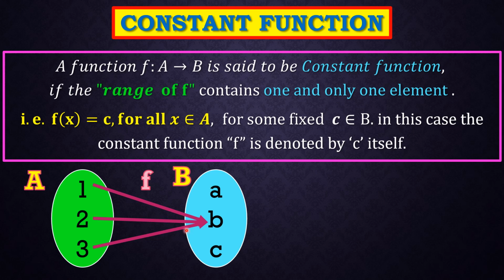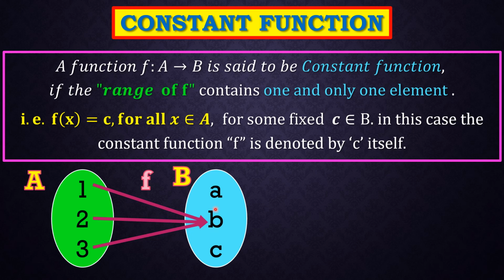We observe in the codomain set B, the total number of elements is 3. But here in the domain set, all elements are mapped to one and only one element, that is b. So here f of 1 equals b, f of 2 equals b, and f of 3 is also b. So the images of 1, 2, 3 are equal to b.